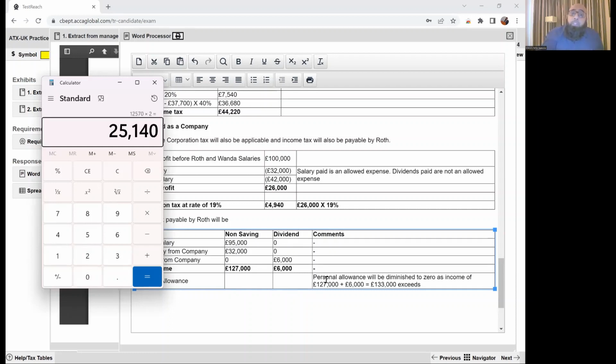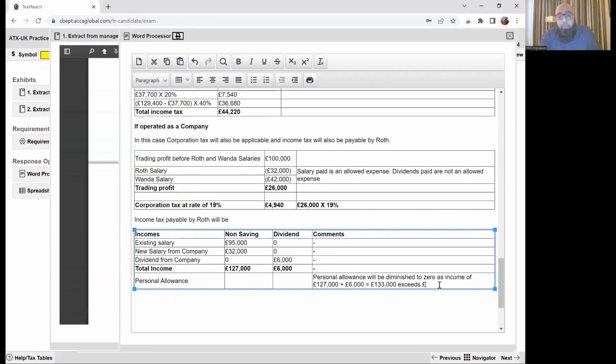Multiply it by 2, because for every 2 of excess, the allowance diminishes by 1. So if there is excess of 25,040, the allowance will diminish. Now your benchmark limit is 100,000. So as income exceeds 125,140, personal allowance will be diminished to 0. So this gives us the taxable income. Here it's 127,000 and here it is 6,000.